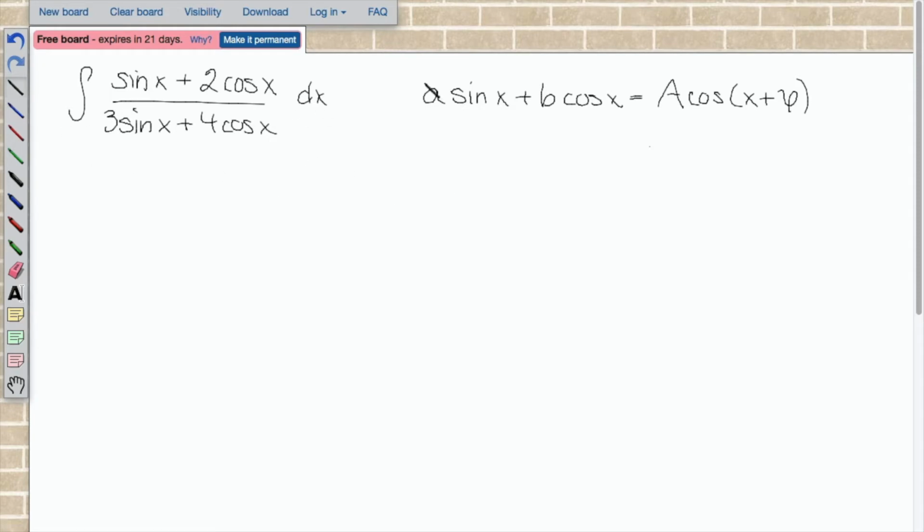Recall that for the harmonic sum theorem, our A is the square root of a squared plus b squared, and the tangent of the angle phi is minus a divided by b. In this situation, we have an invisible 1, so that will be our a, our b will be 2, and for the bottom angle, a will be 3 and b will be 4.